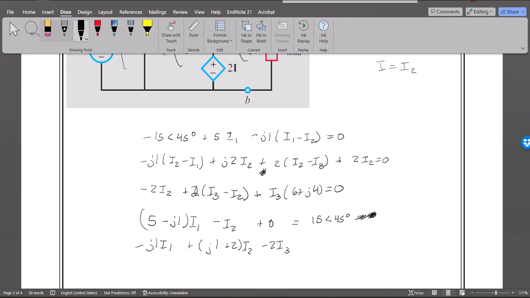And I have something wrong. This should have been plus, because a minus times a minus is a plus. That's a plus I2, plus JI2, plus 2JI2.